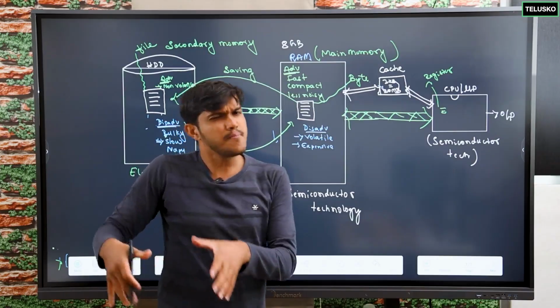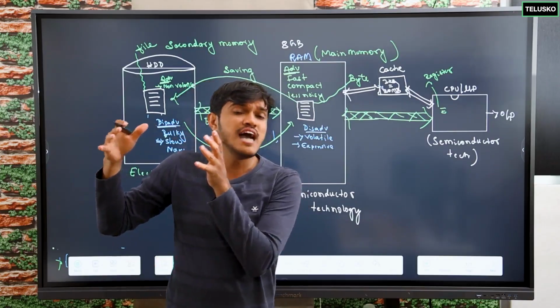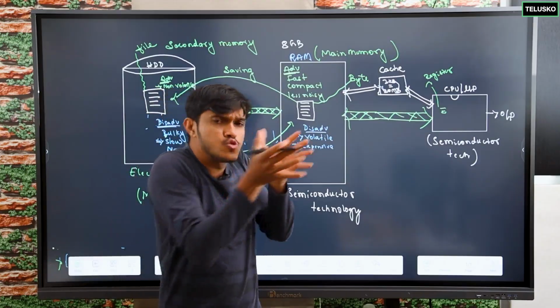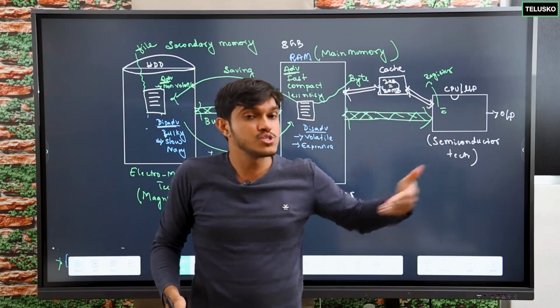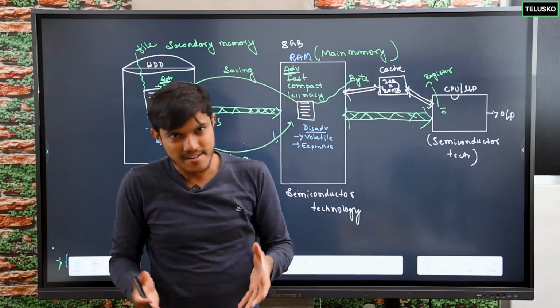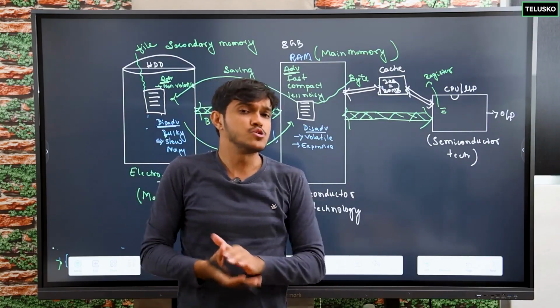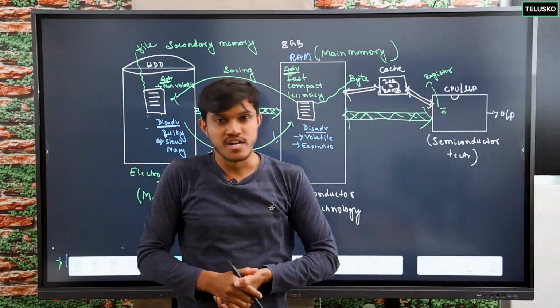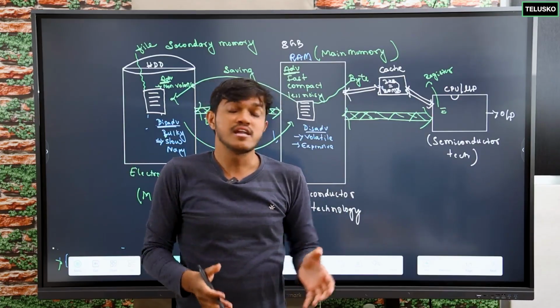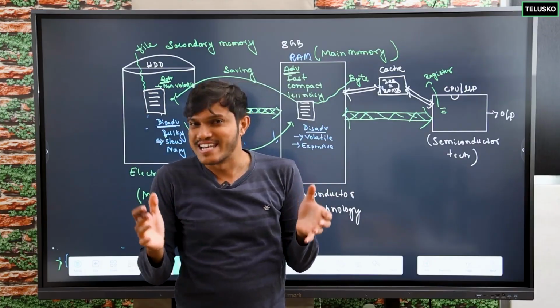Loading means whatever permanent data we have on the hard disk, we get that onto the RAM so that we can execute it further. That process we call loading. I hope now you are able to understand everything about these important memory units in your computer and how they are organized.